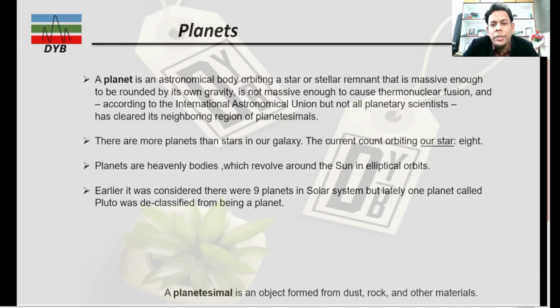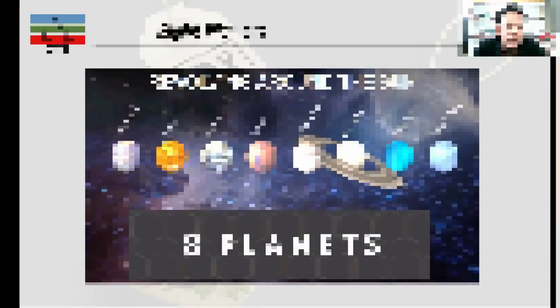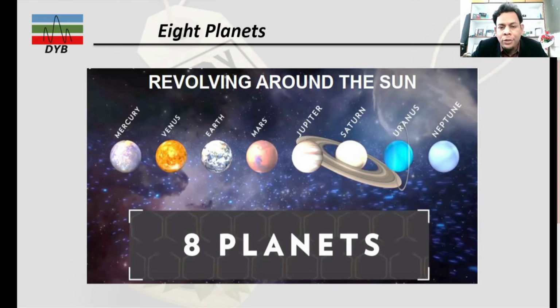Earlier it was considered there were 9 planets including Pluto, but lately Pluto was declassified as a planet in our solar system because it does not follow the criteria. We are going to discuss that as well. So right now we have 8 planets in our solar system.